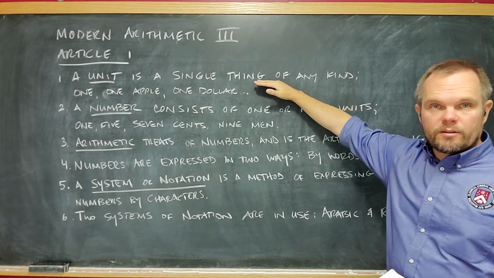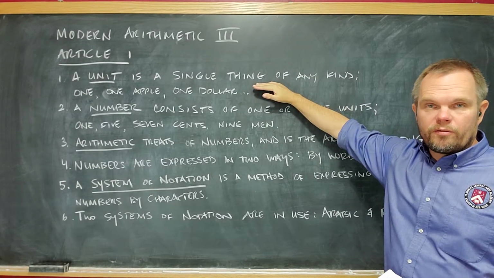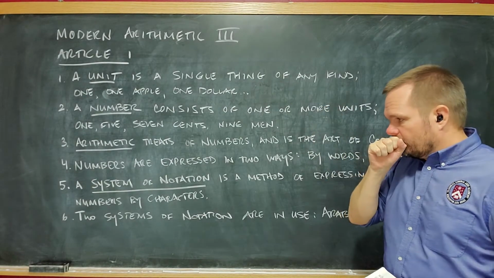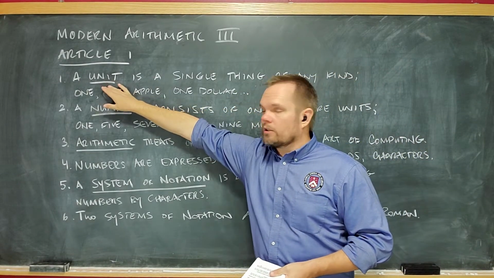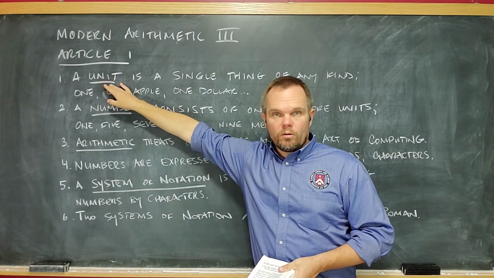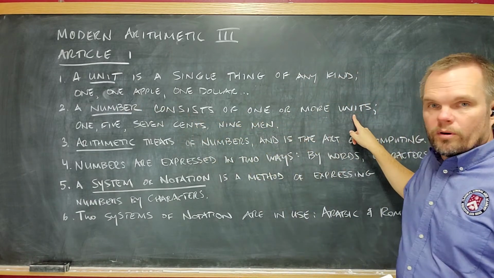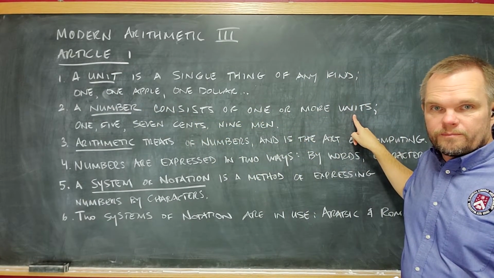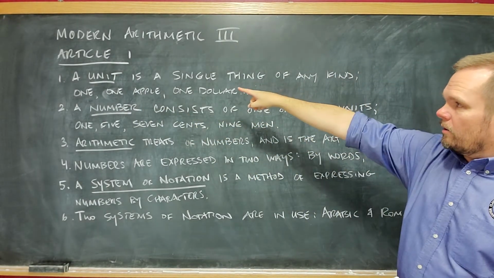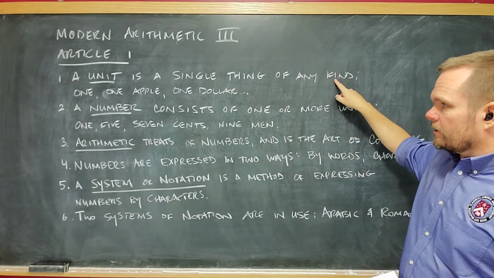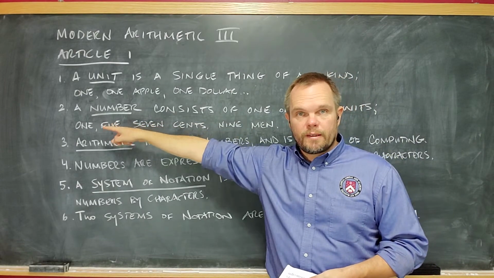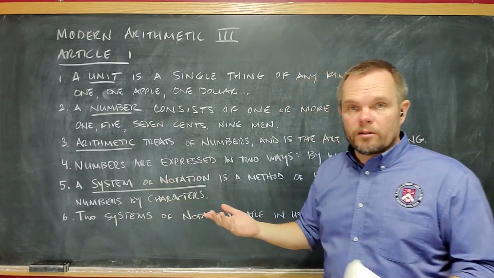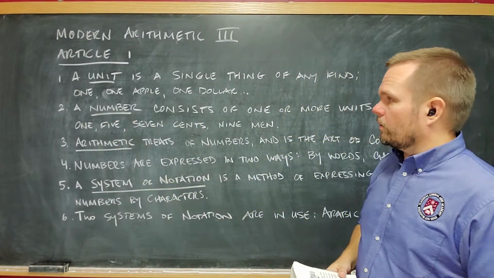That's why it's important to learn the definitions carefully and memorize them whenever you can, because when we learn the definition of a word in one rule, we're going to use that word in another rule. So when you learn what a unit is, then you can learn what a number is. That's how definitions work, and that's why learning definitions is so important.